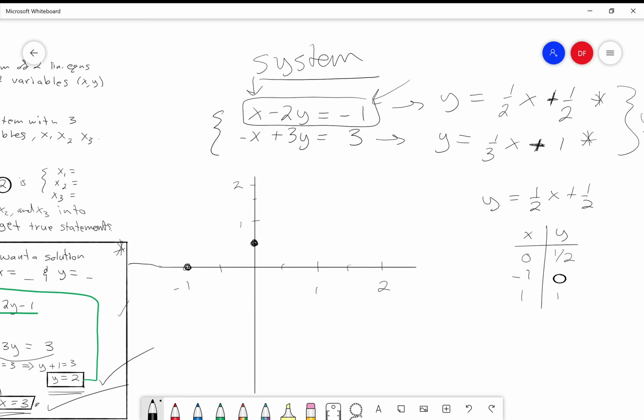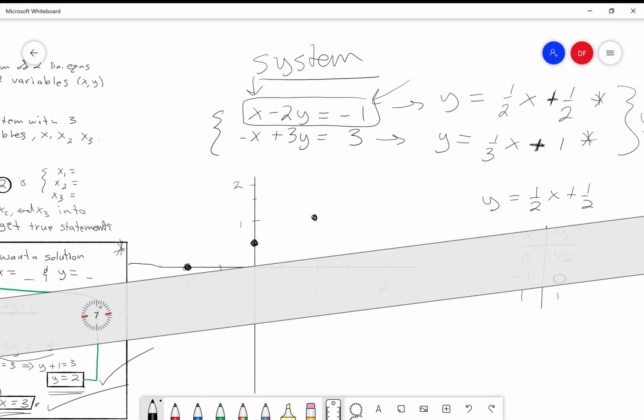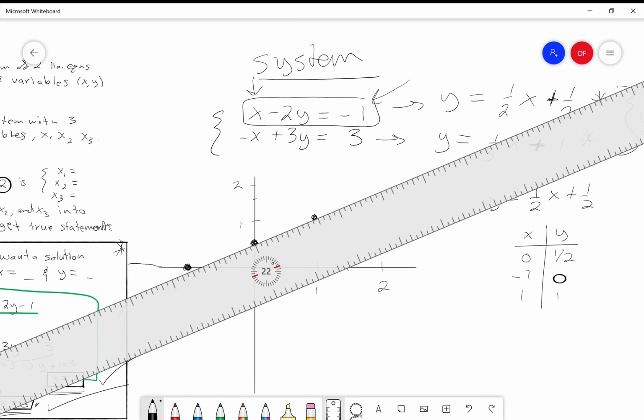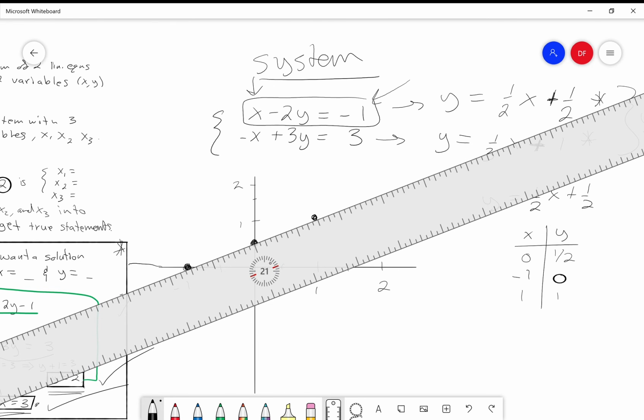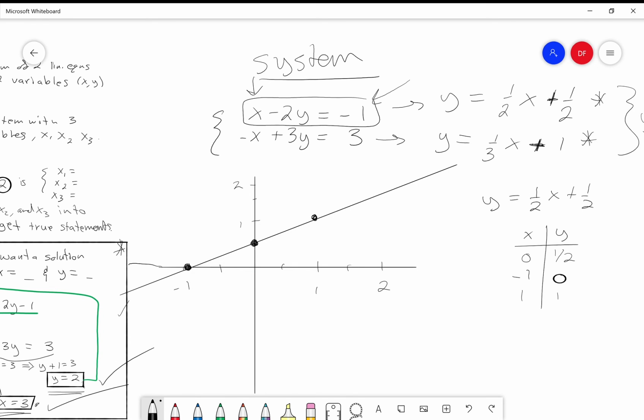And then we have 1, 1. So we basically have this line here. And this is y equals 1 over 2x plus 1 over 2.